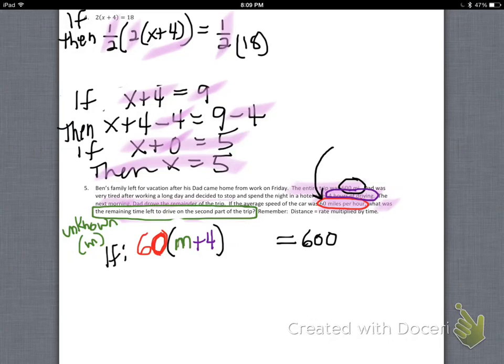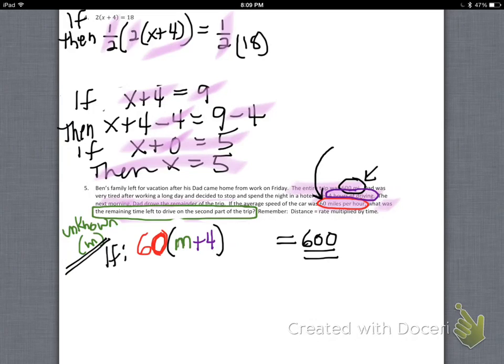We know that the entire distance of the trip was going to be 600, and that was right here, so that was obviously going to sit there. Whatever we added on the left side was going to equal 600. I made m our unknown, and I called it m for miles.